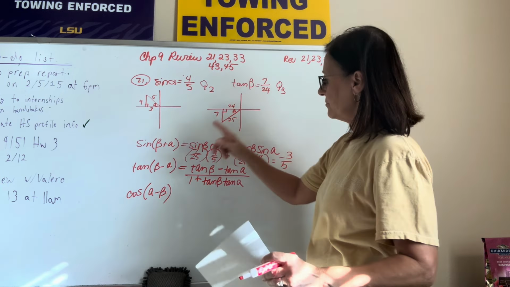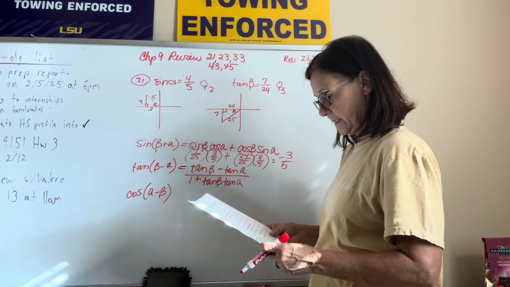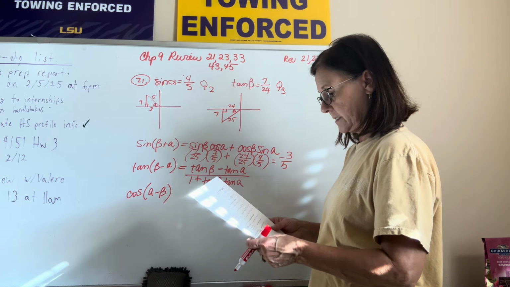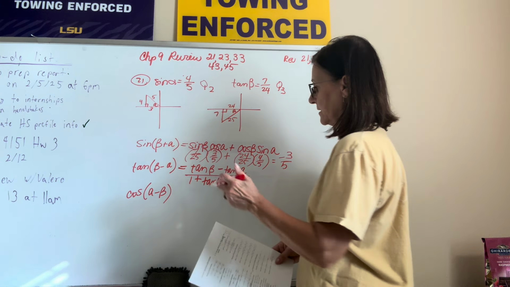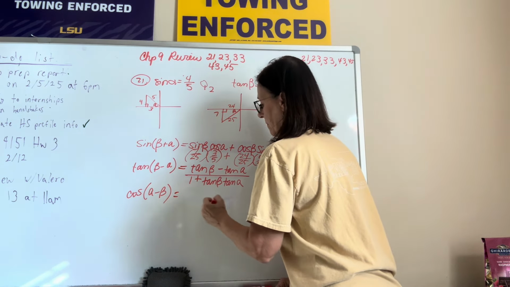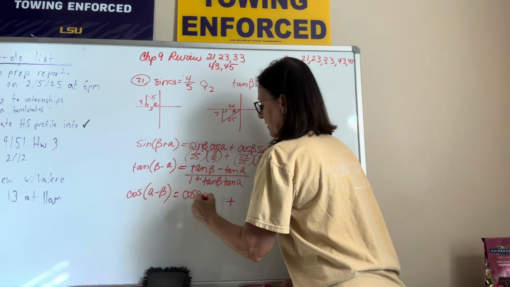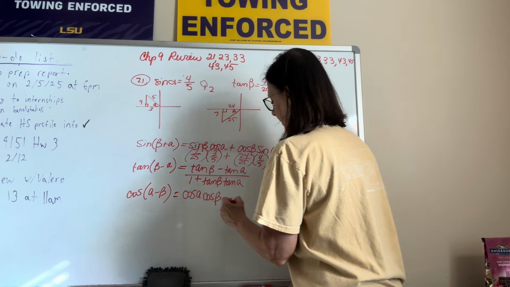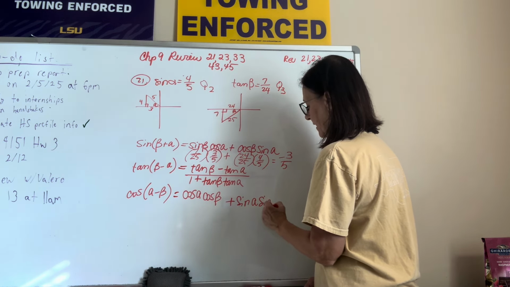You can substitute those numbers in here. Cosine alpha minus cosine, so minus is plus, and it's cosine alpha cosine beta plus sine alpha sine beta.